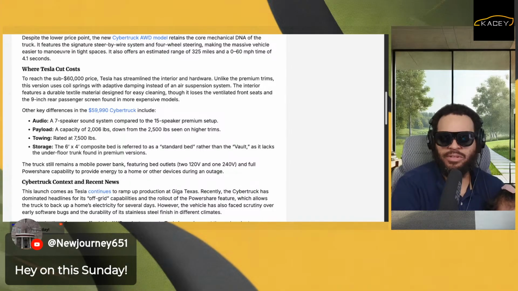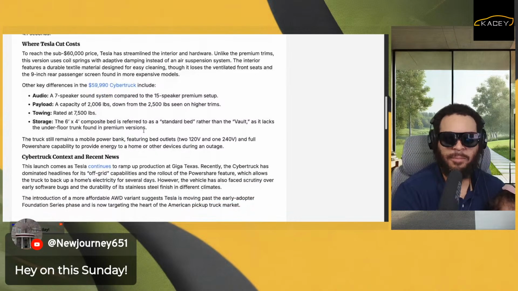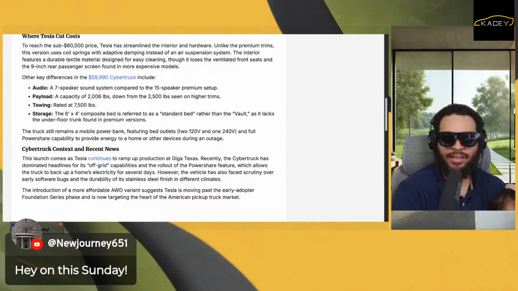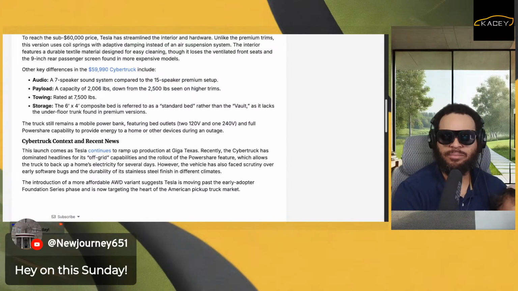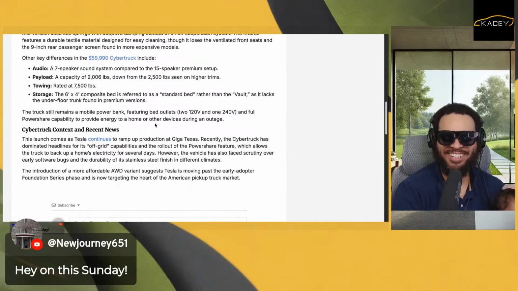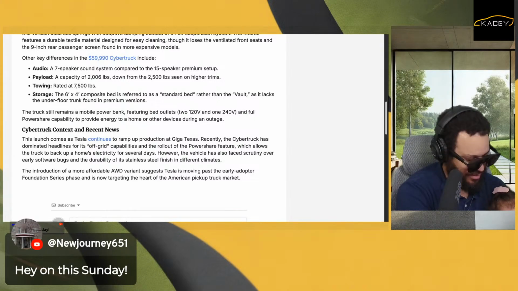Towing is only 7,500, but I do believe that's what they promised on the base model 7 years ago. Yeah, 7. Because it was after we got the one we have, but barely. Storage, the 6 foot by 4 foot composite. Yes.